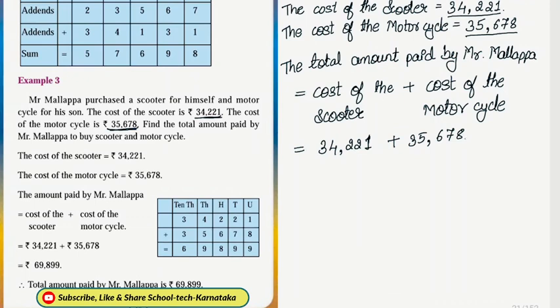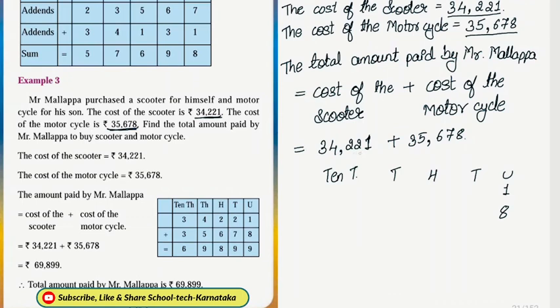5-digit numbers. We place them at their place value. We place them below the place values: units, tens, hundreds, thousands and 10,000s.